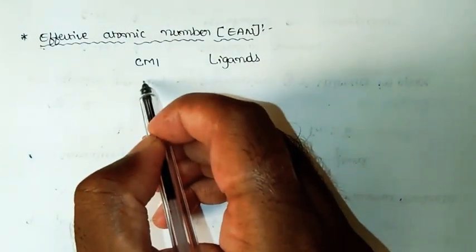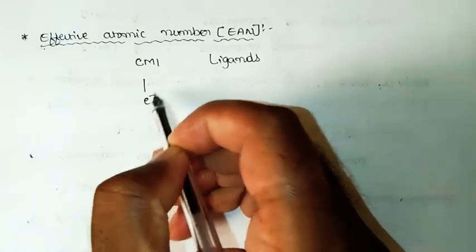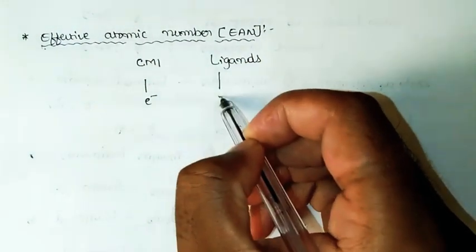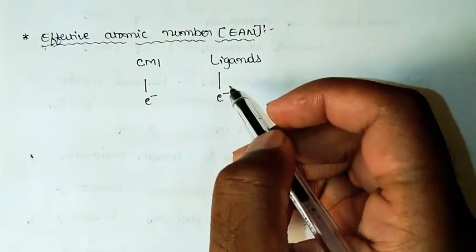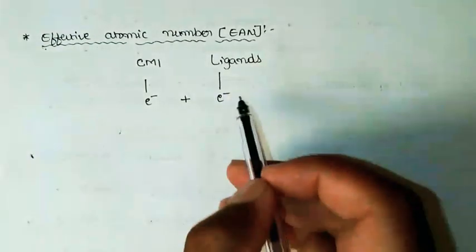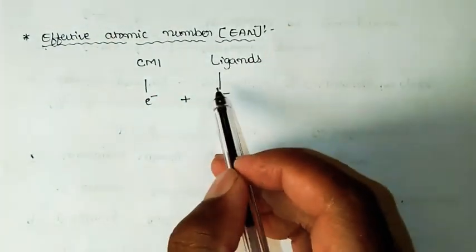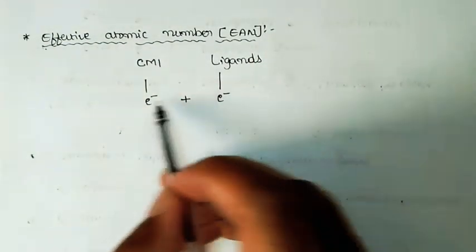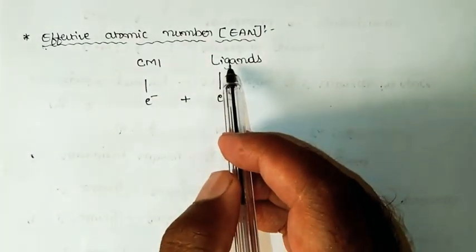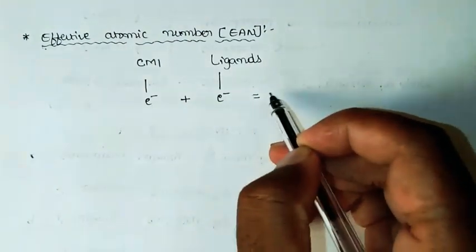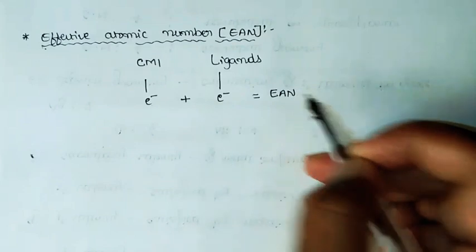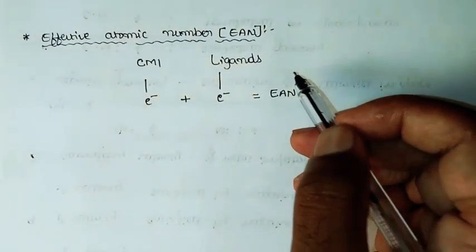If you take the arithmetic sum of the total number of electrons present in the central metal ion and the electrons contributed by the ligands, that number is called the effective atomic number.